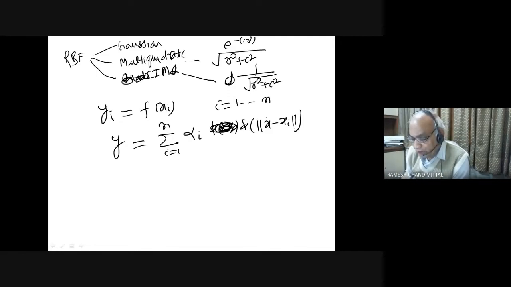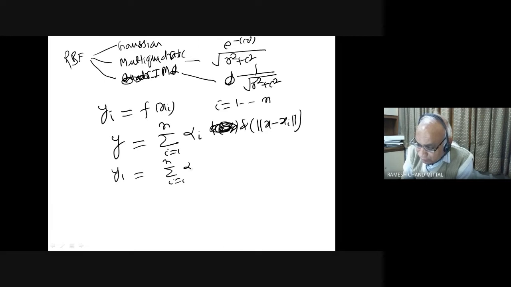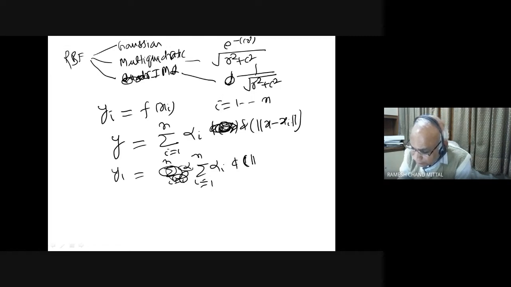Now this is my approximation, and I take i equal to 1, i equal to 2, i equal to 3, and I will be having y_1 equal to the sum over i equal to 1 to n of alpha_i phi.